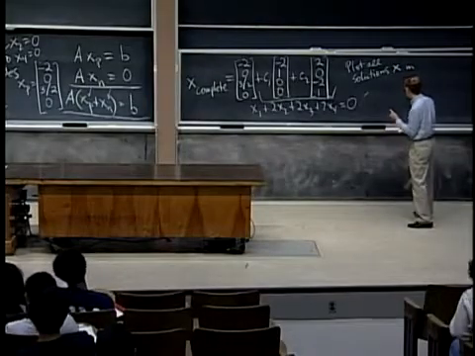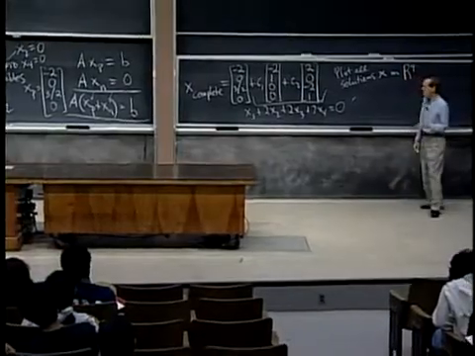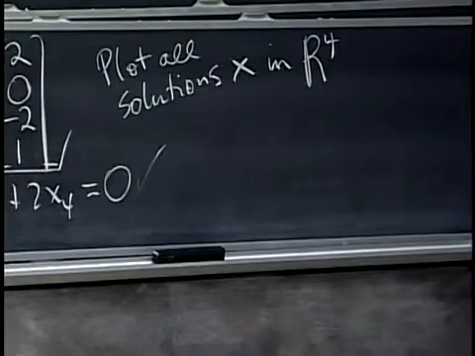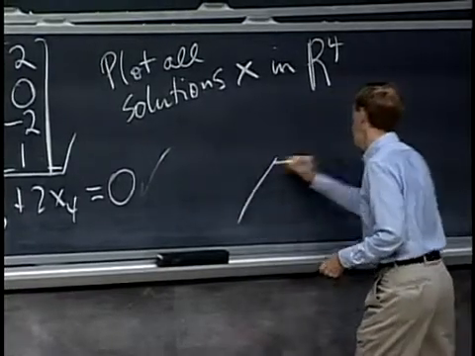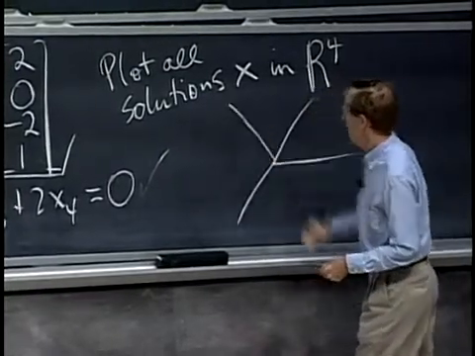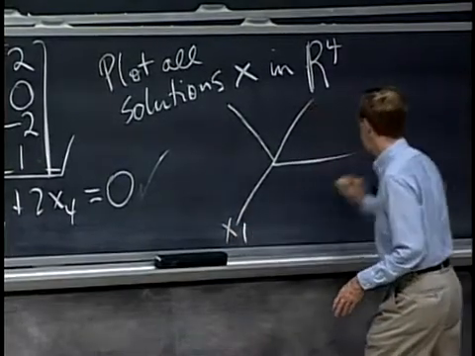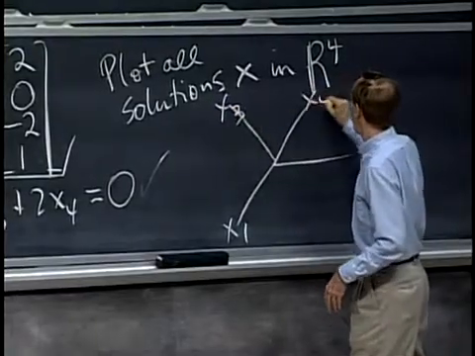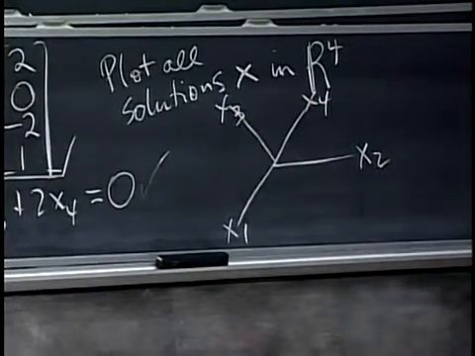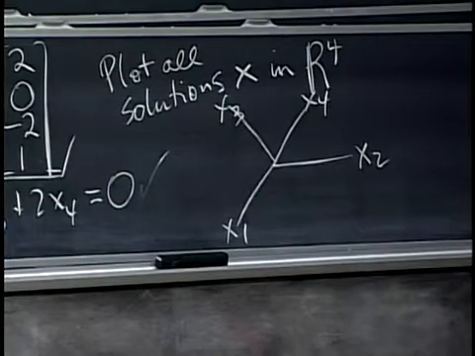There are 4 unknowns. So I have to draw a 4-dimensional picture on this MIT cheap blackboard. Okay, so here we go. x1. Einstein could do it, but those are 4 perpendicular axes representing 4-dimensional space.